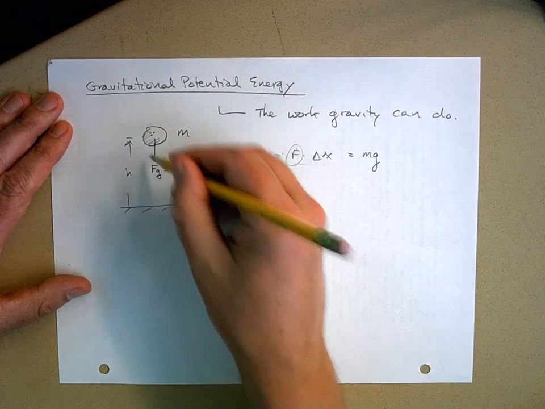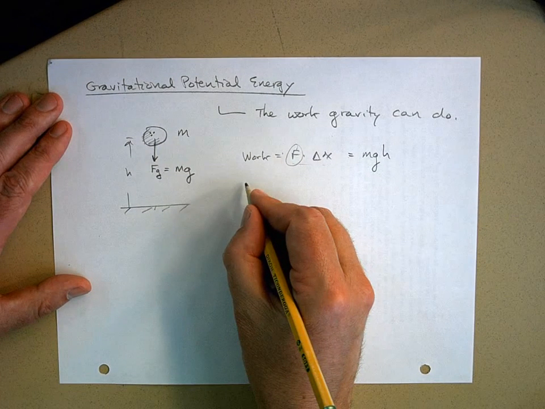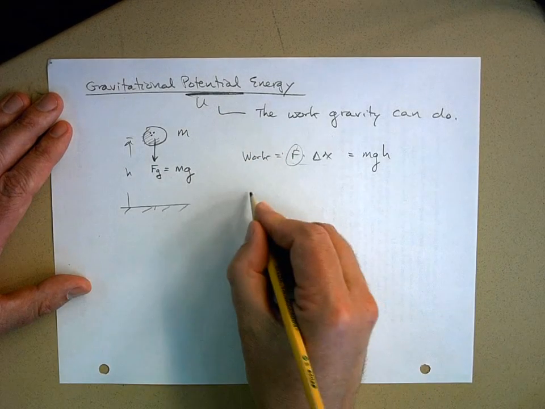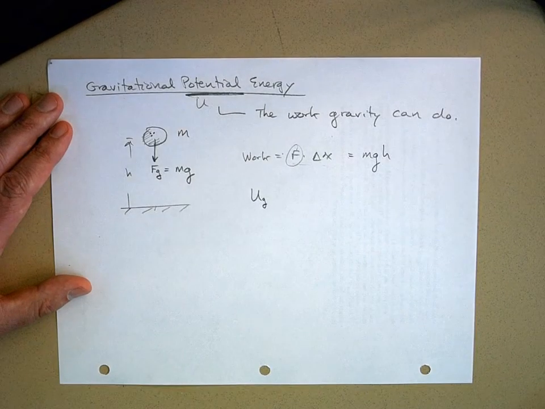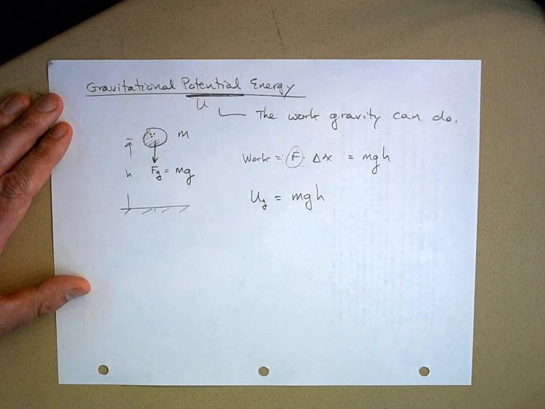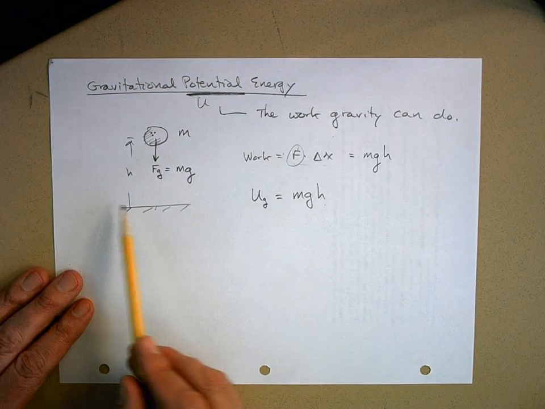Your distance, delta x, is your height. And so for potential energy, we use the letter U to represent potential energy. So the potential energy due to gravity is equal to mgh. Now, h is the height above our reference, usually the ground.